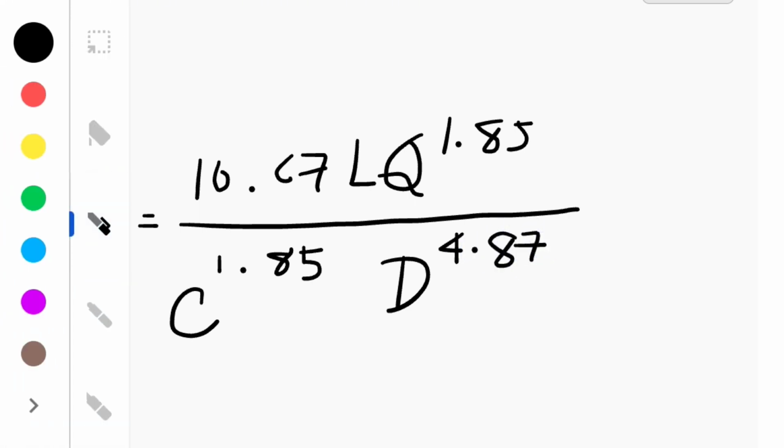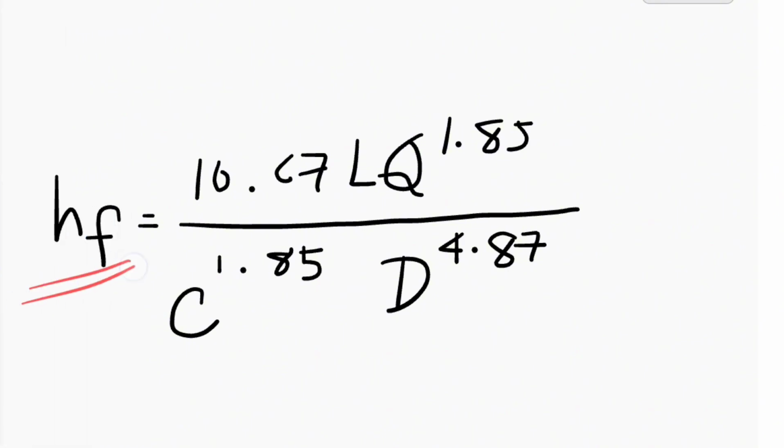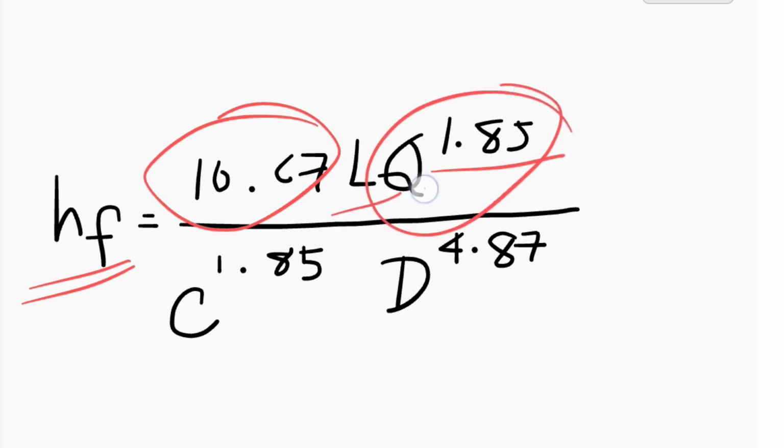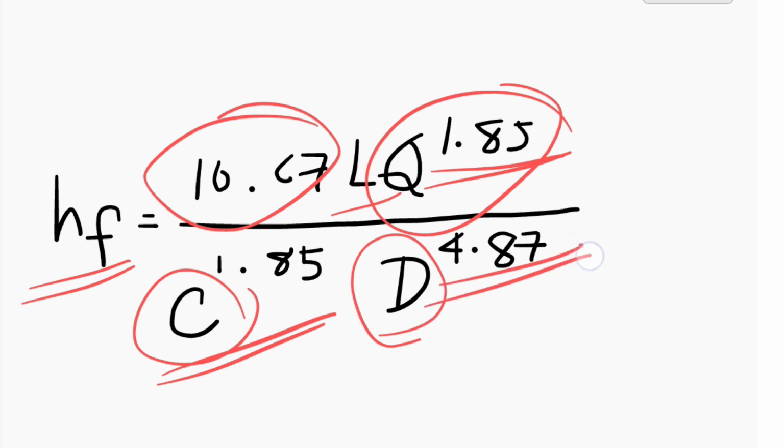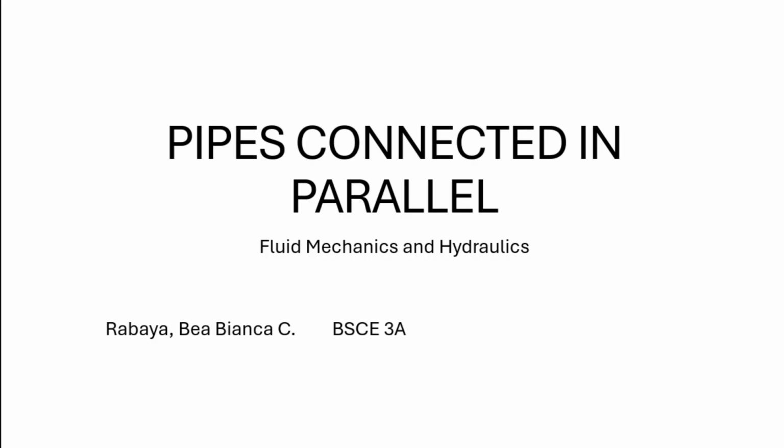And of course, we have HF that denotes the major head loss in the Hazen-Williams formula, 10.67 as the constant, L as the length of the pipe, Q as the discharge of the fluid in the pipe, C as the Hazen-Williams coefficient, and lastly D as the diameter of the pipe. Again, those are the three formulas that we need to remember in order to calculate the discharge and head losses in pipes connected in parallel.